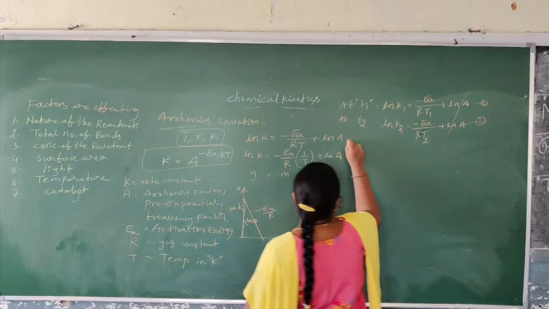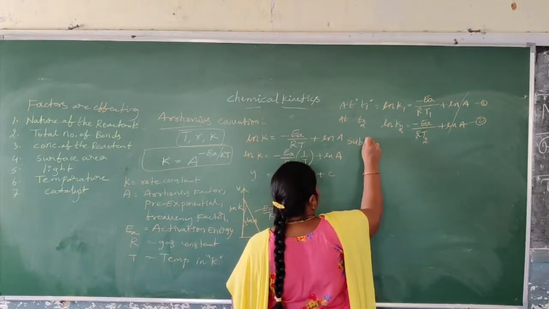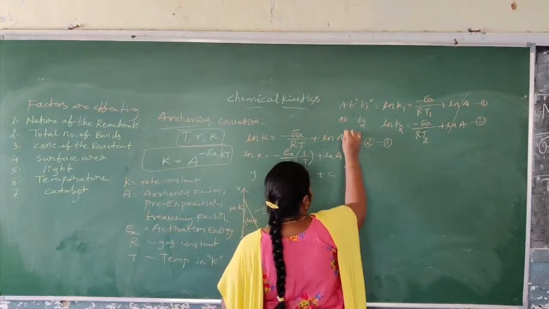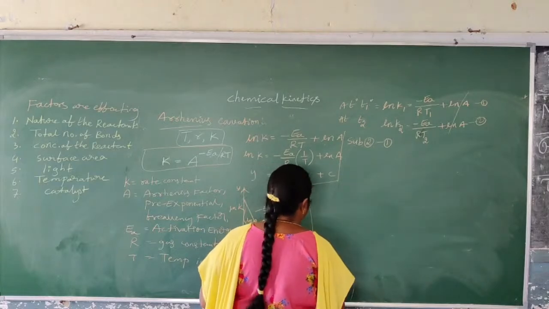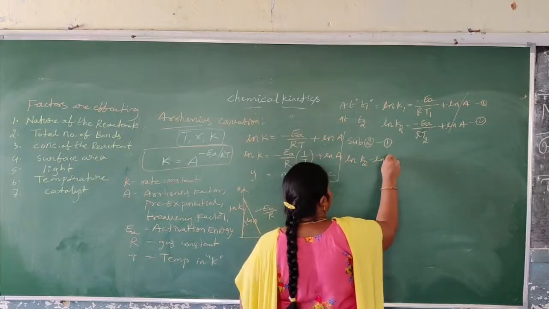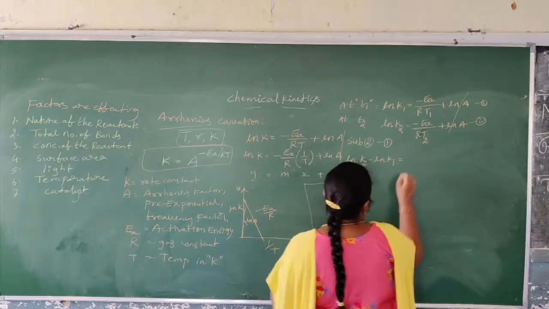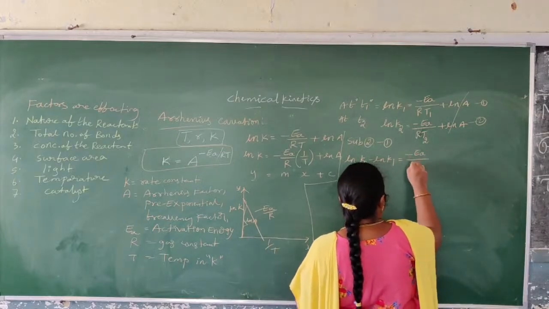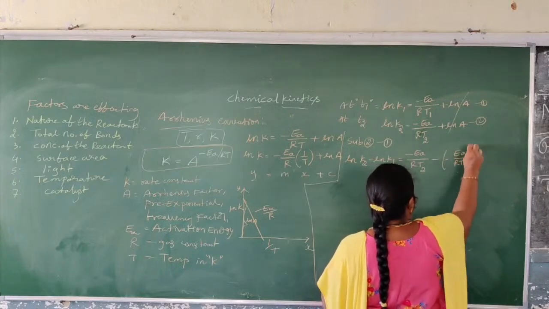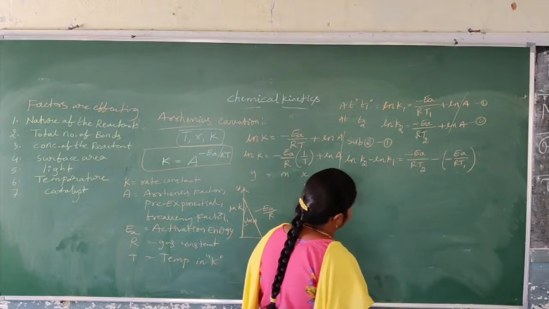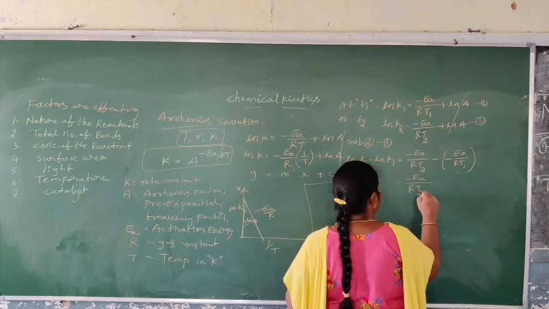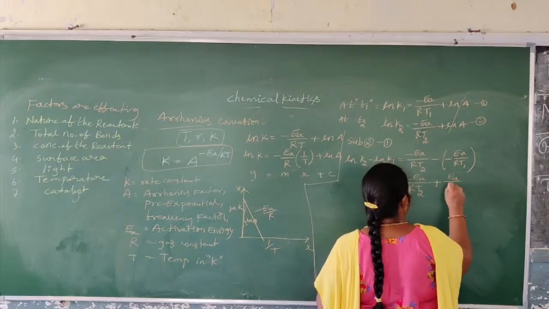Now subtract equation 1 from equation 2. We get ln K2 minus ln K1 equals minus EA by R T2 minus of minus EA by R T1, which is minus EA by R T2 plus EA by R T1.